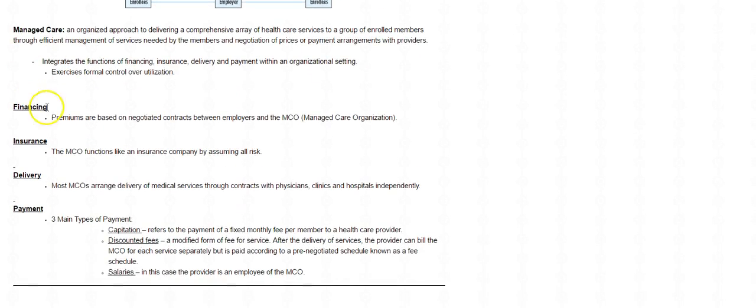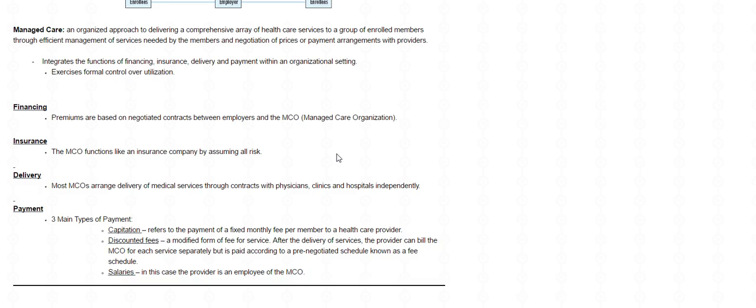Again, here are the financing, insurance, and delivery and payment, the quad function of a healthcare delivery system, which we have gone through previously. And what I just touched on, just to make sure for those of you that made note of it, I was really focusing, other than just the integrating of these quad functions, on some of the inefficiencies that are created by managed care that need to be touched on.